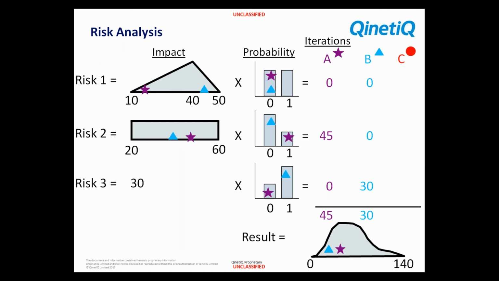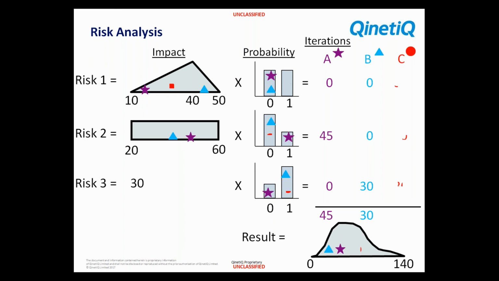In iteration B, the first risk didn't occur, the second risk didn't occur, but risk 3 actually occurred, and we know for certain it's a fixed price fix, if you like. All we need is £30,000 and it's going to be put correct. So all we've got there is 30 to add up, and again we store it in the computer memory.